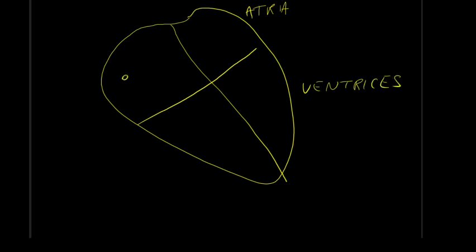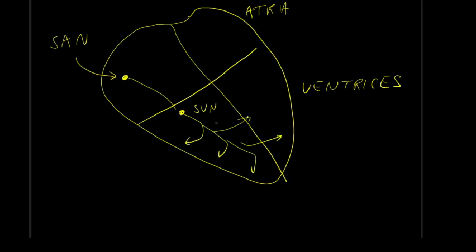And remember we have the sinoatrial node here, and that sends a message to the sinoventricular node, and that propagates the contraction signal throughout the ventricles.